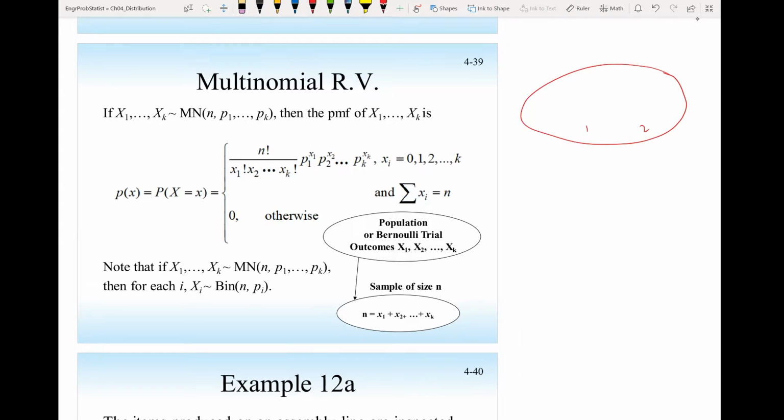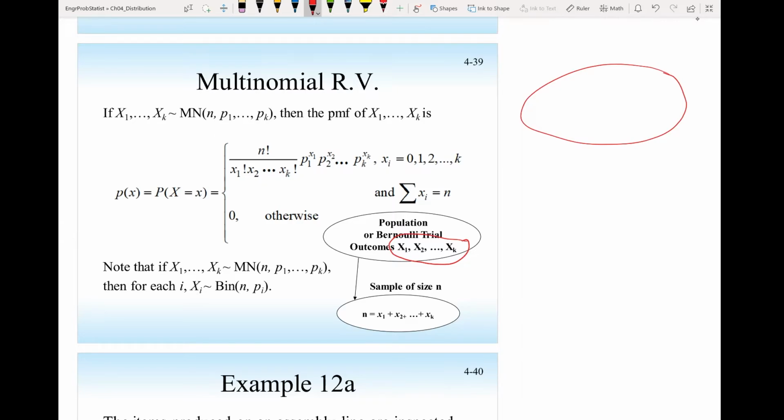So it could be x1, x2, all the way to xk. You can think of it as carrying out an experiment where the outcome is not just two possibilities. It could be 6 or 7 possibilities. Like, for example, throwing a die. Now there are 6 possible outcomes: 1, 2, 3, 4, 5, or 6, the face value of the die.